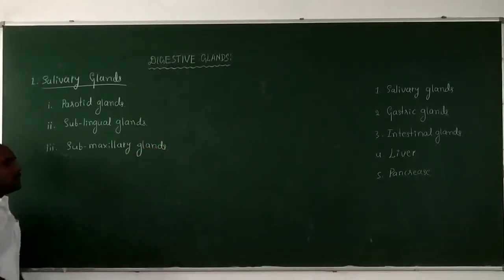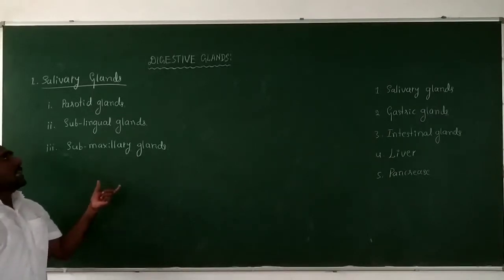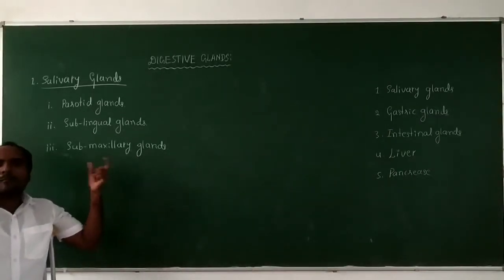Getting the idea? These are the 3 pairs of salivary glands that are present in the mouth cavity.